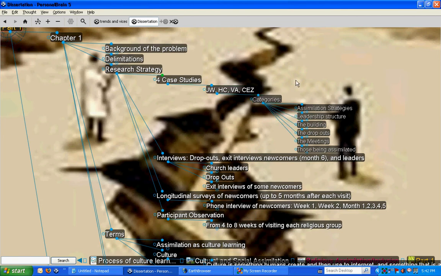The categories used to describe these case studies are assimilation strategies of each group, leadership structure, the building, the meetings, and then an interview of the dropouts and an interview of those being assimilated.